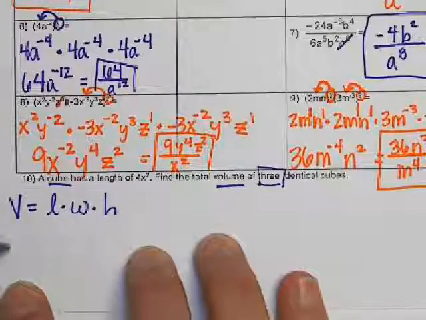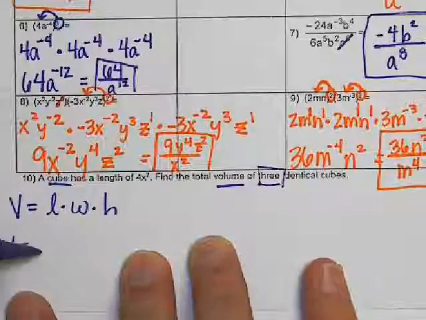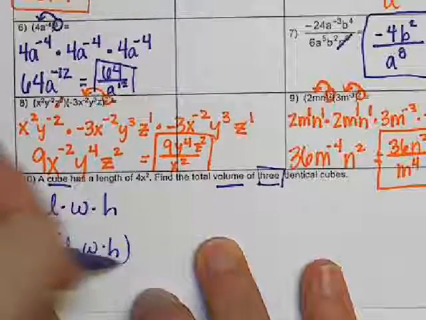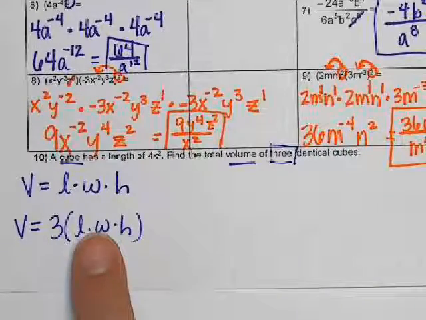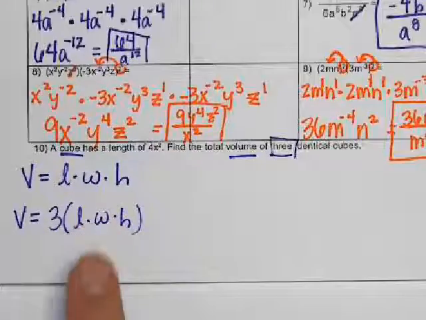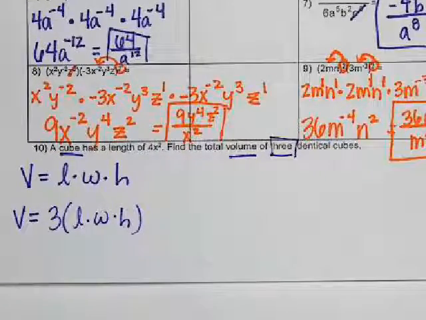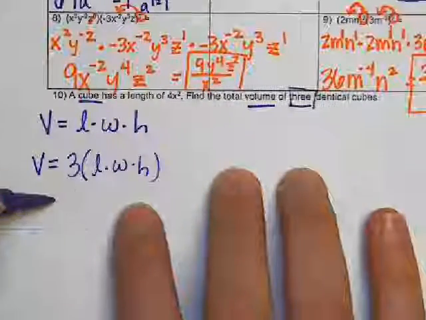So once I find my volume, to find the volume of 3 identical cubes, I'm going to do 3 times length times width times height. 3 times the volume of 1. Okay? Now, what do you know about a cube? It has 6 sides. They're all equal. Now, can y'all picture a cube? I'll do my best.